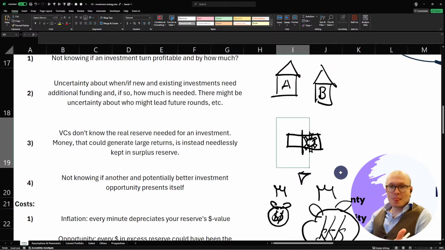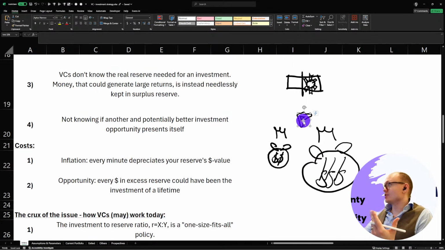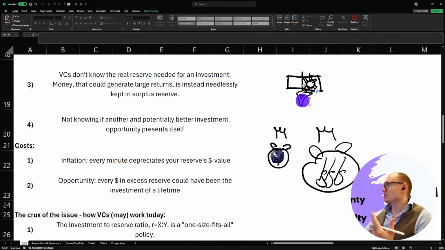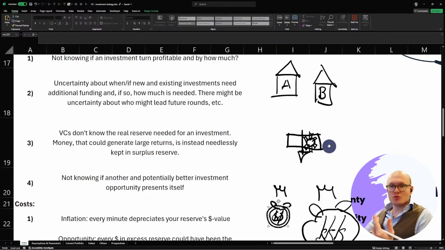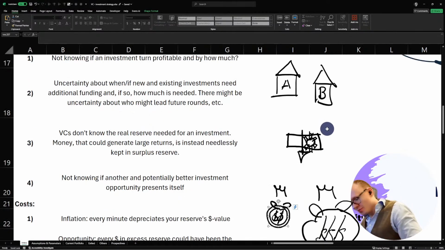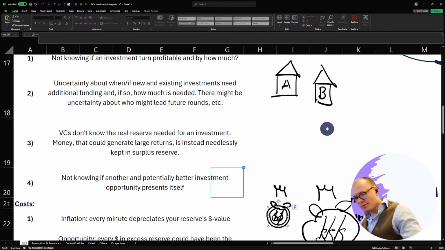Assuming that's the case, then if we were to put this money in one or the other, this would give us this.